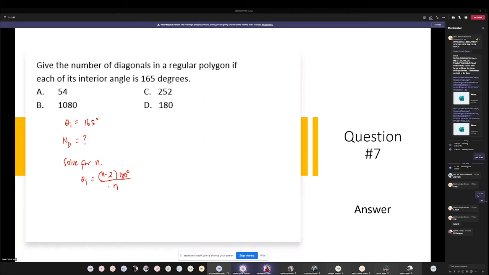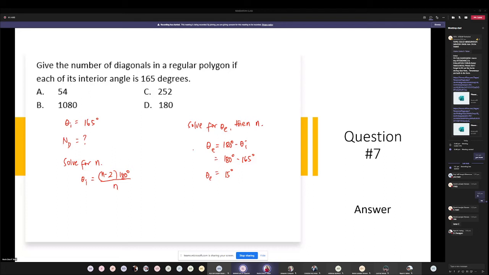Whereas if we solve for theta sub e first, then n, we can get away with the quadratic equation, because theta sub e has a relationship with the interior angle. It's 180 minus the interior angle, so 180 minus 165. That's 15 degrees.